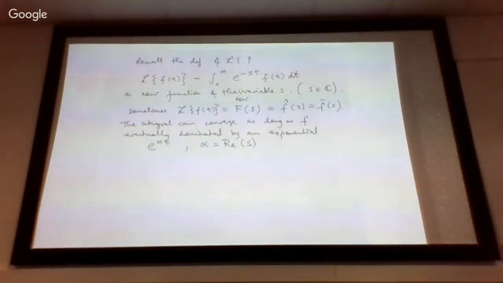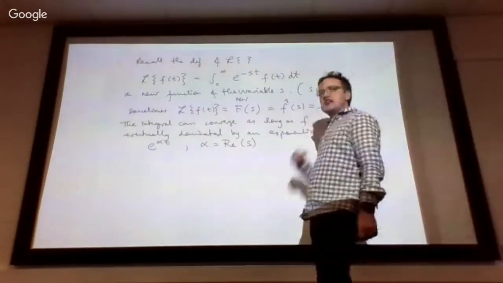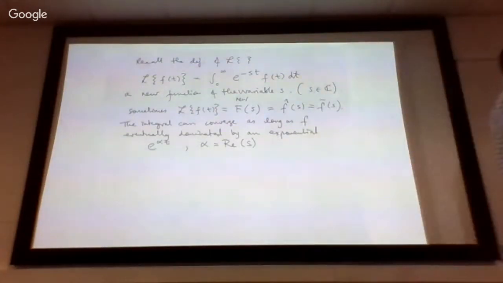And this really means most standard functions, because exponentials increase very, very fast. So providing the function f we're dealing with is eventually dominated, eventually less than some kind of exponential function, then this integral will converge for some values of s.